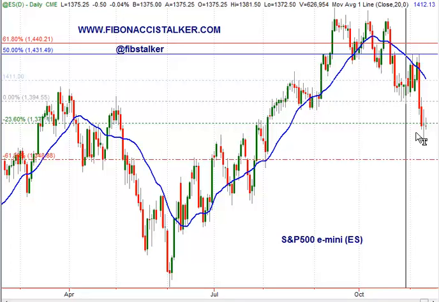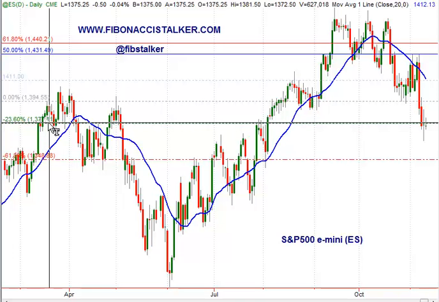So as we can see, we had this resistance area in the 1,430 area, and we hit target in the 1,377 area, and price actually kept moving lower as well.